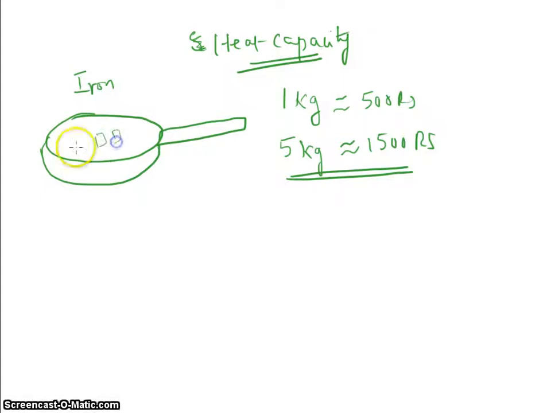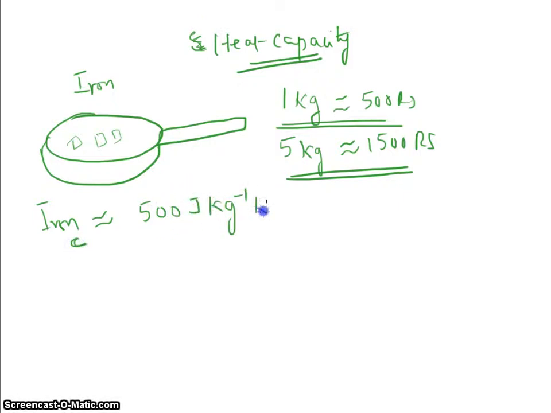So which vessel will you buy, 1 kg or 5 kg? It's very easy. We observe that the specific heat capacity of iron was 500 joules per kg per Kelvin or per degree Celsius.